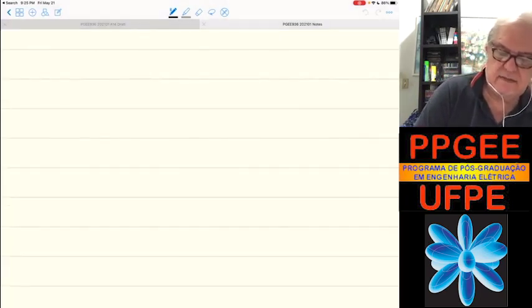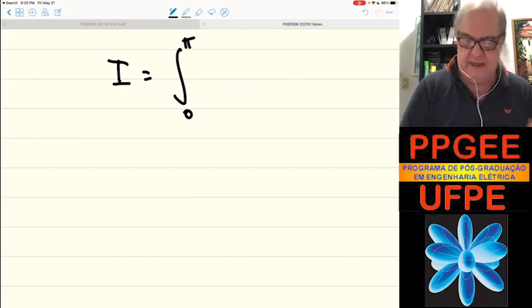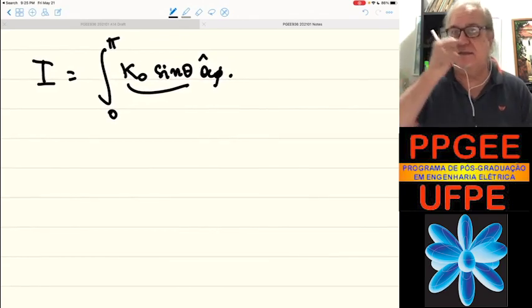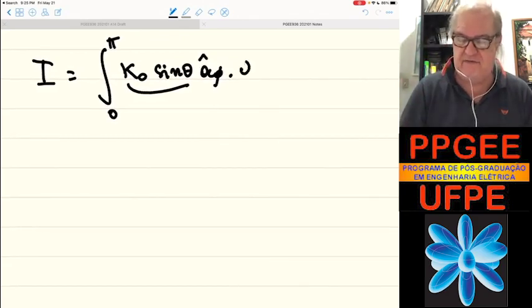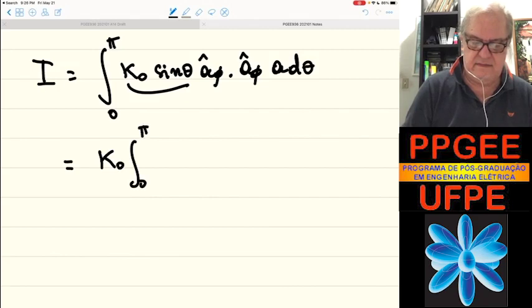I equals the integral from 0 to pi of K0 sine theta a phi, dot product with the normal, which is a phi, and dl is a d theta. You have an a here, right?